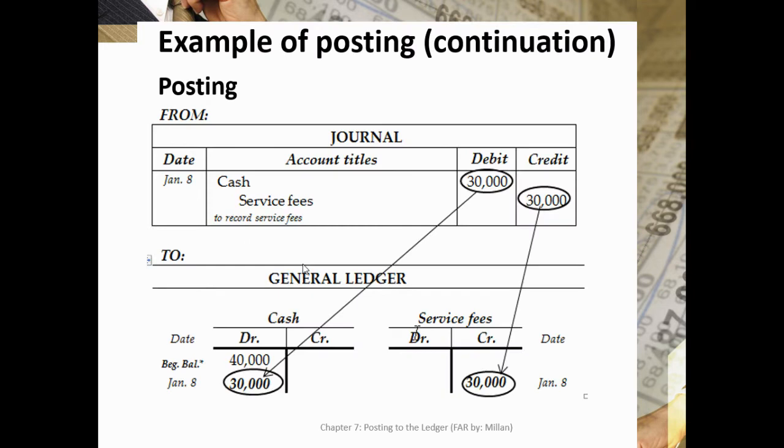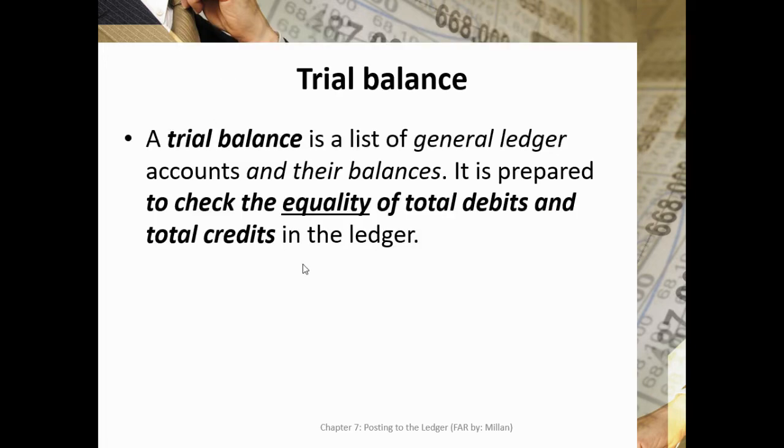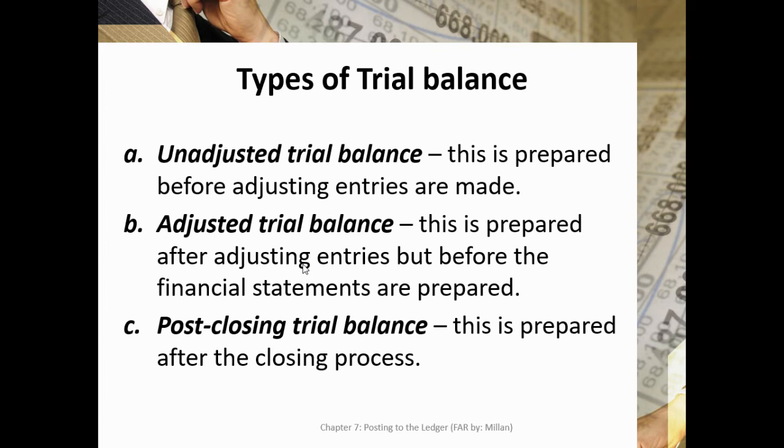This transaction shows that the balance of cash account is 70,000 pesos. Pag ginawa mo na yung trial balance, ang makikita mo na lang ay yung balanse ng cash which is 70,000 pesos. Hindi ko na makikita tong 40 at 30. So yun ang trial balance.